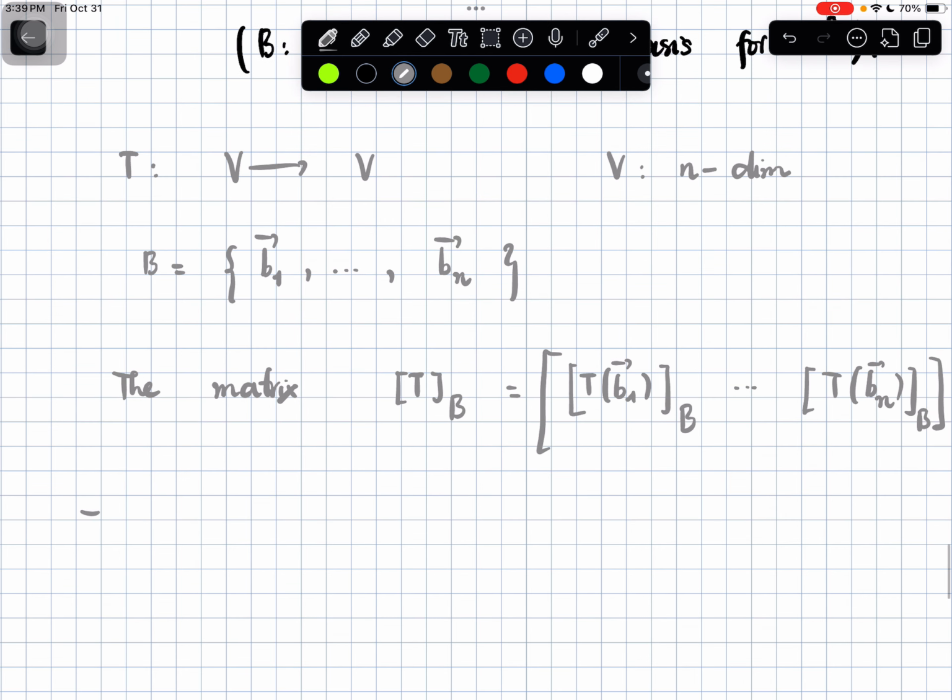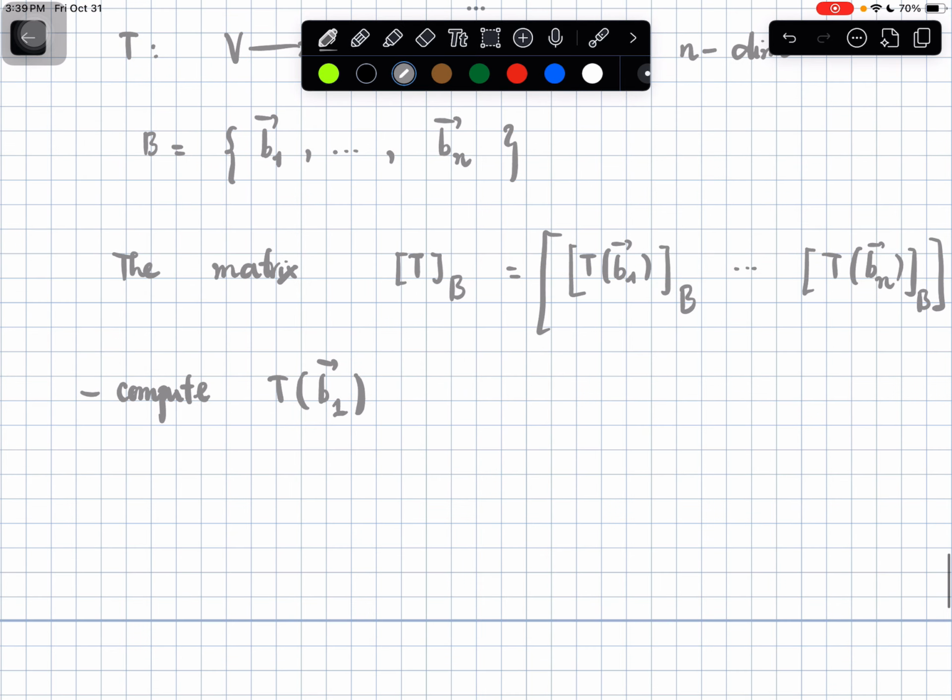So the first step, you compute the image of b1, and you do the same for b2, b3, up until bn, and then you compute the coordinates.